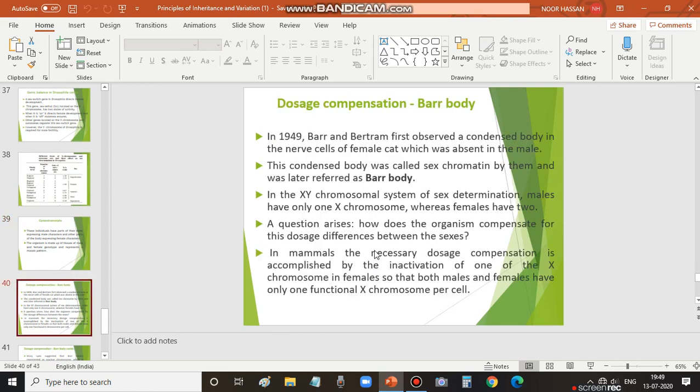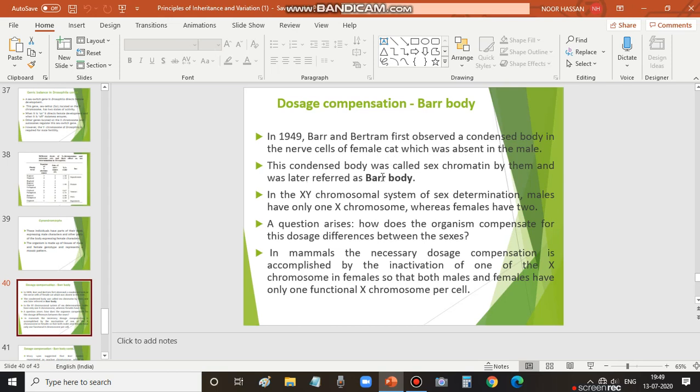Now, this is dosage compensation, that is the Barr body. In 1949, Barr and Bertram first observed a condensed body in the nerve cells of a female cat which was absent in the male.